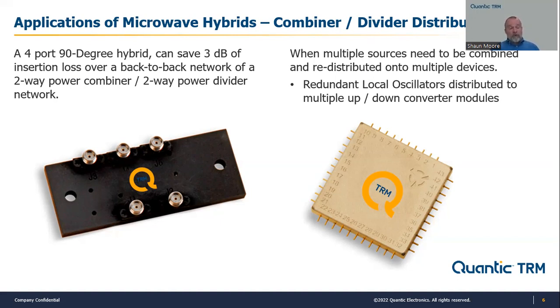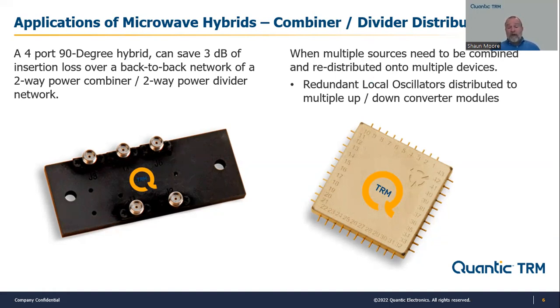And then of course with examples here, we expand that out to a 2x3 network, or the little flat pack on the right, it's a 3x24 network. And again, by doing it that way, we can have essentially a lossless divider slash combiner network that allows for a good distribution of power.